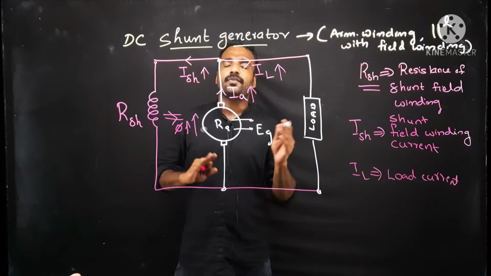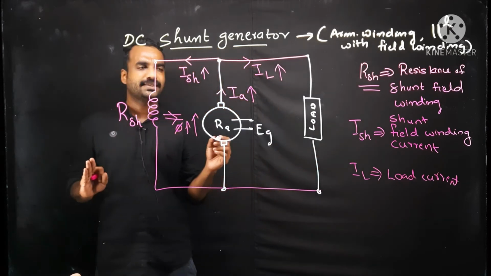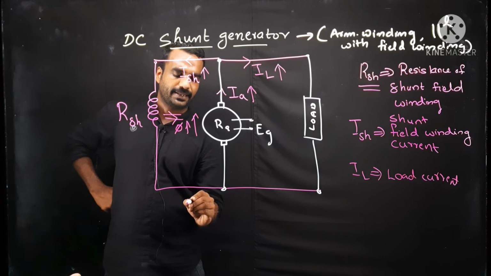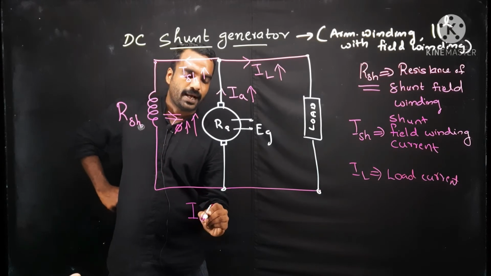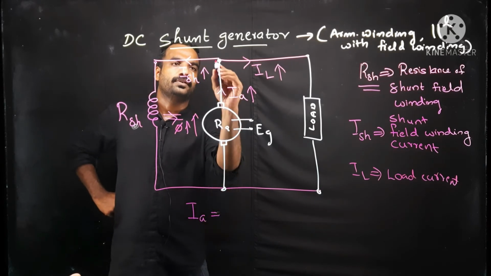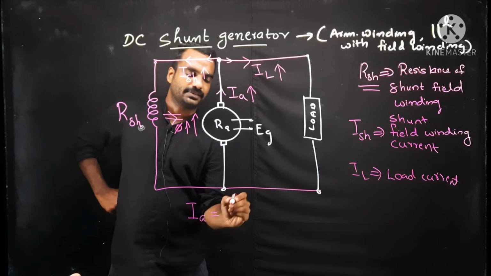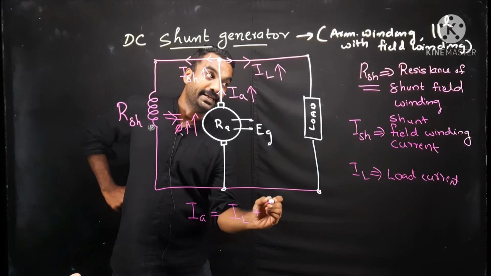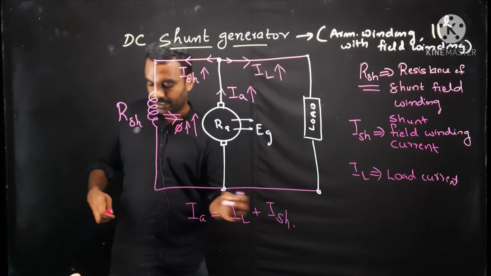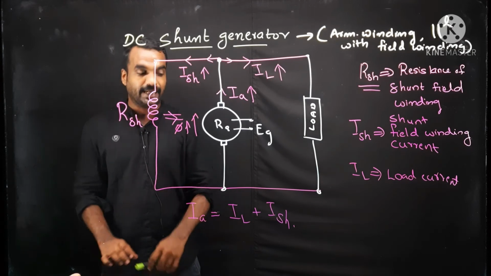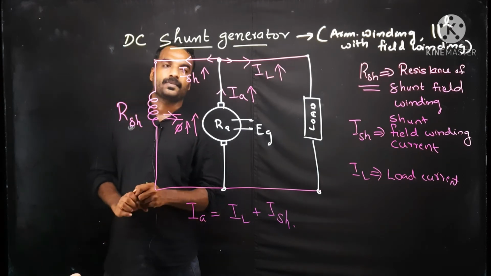So now we want to write the equations. Basically we can see in this circuit, we are splitting IA into two parts. IA is equal to IL plus ISH.